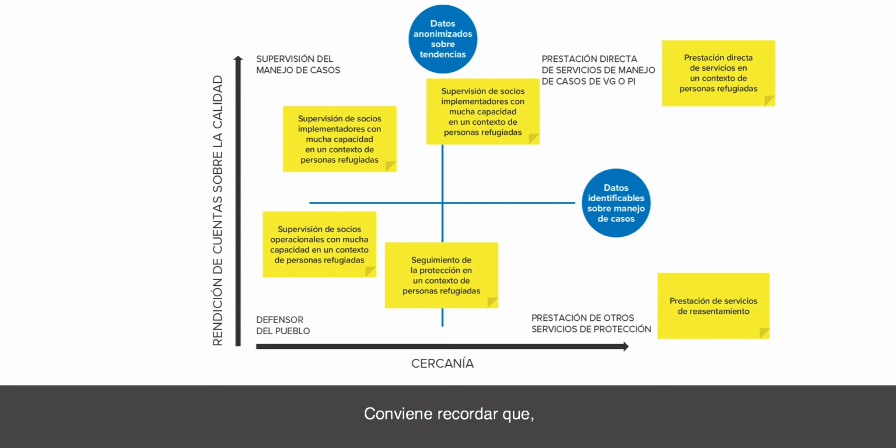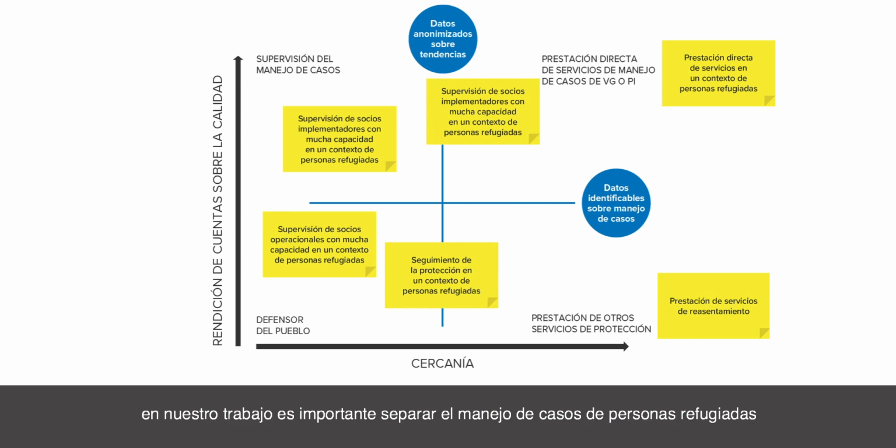So what's important for us to think about, as we think about our information needs and our case management programming, is to separate our refugee case management from our gender-based violence case management and child protection best interest procedures.